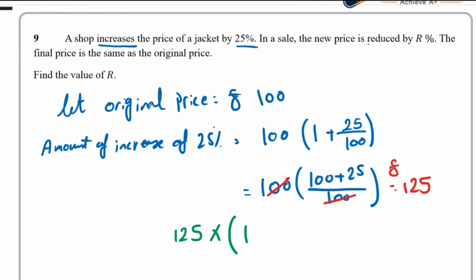Why? Because here it's reduced. So 1 take away R over 100. And what is this? This is the amount of reduction here. And the question mentions that the reduced amount will become the same as the original price. And we assumed the original price here as 100. So that means the original price is 100 with the amount of reducing.